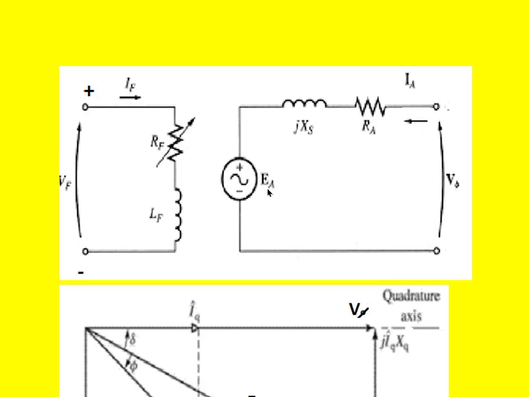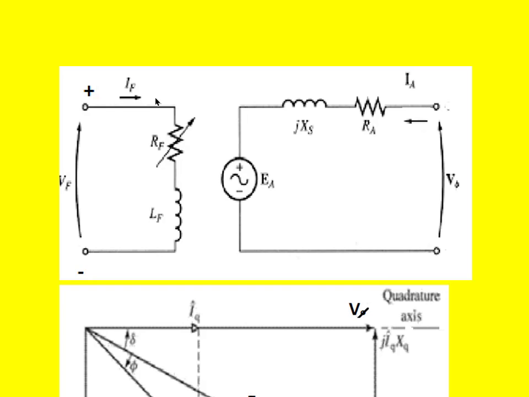It is called EA, or sometimes we represent it with EF, or sometimes EB. Coming to the rotor circuit, here we have the DC supply, which we normally represent with VF, and this is RF, the field winding resistance of the rotor circuit, and this is the inductance of the field winding of the rotor circuit.